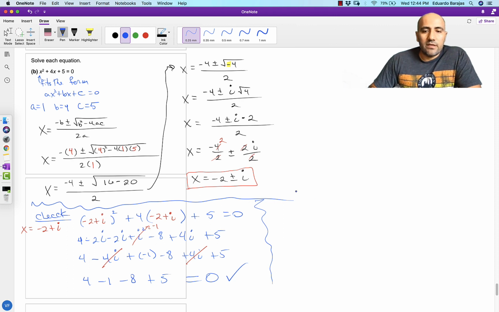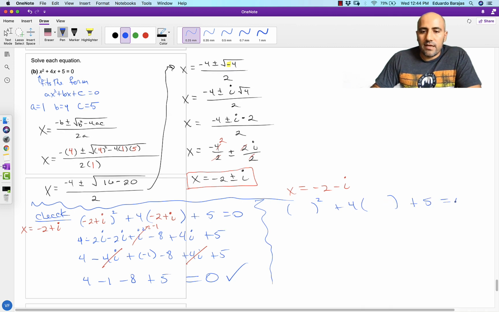Okay, so now let's check the other one. Check the other case where x equals negative 2 minus i. So again, we have something squared plus 4 times something plus 5. And does that equal 0? Hopefully it does. So we have minus 2 minus i, minus 2 minus i.